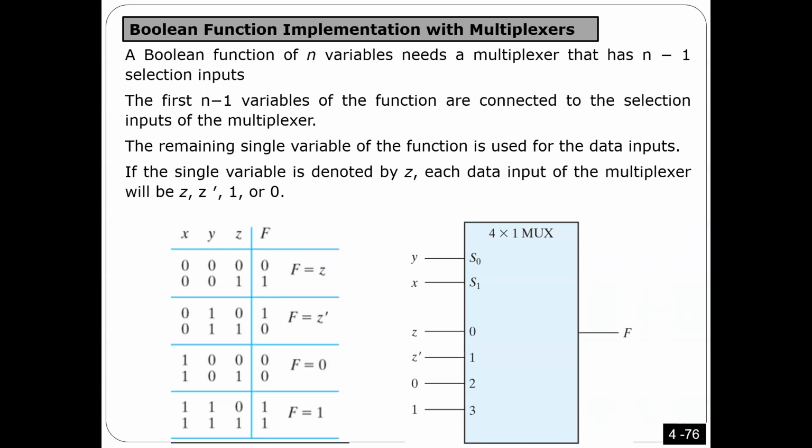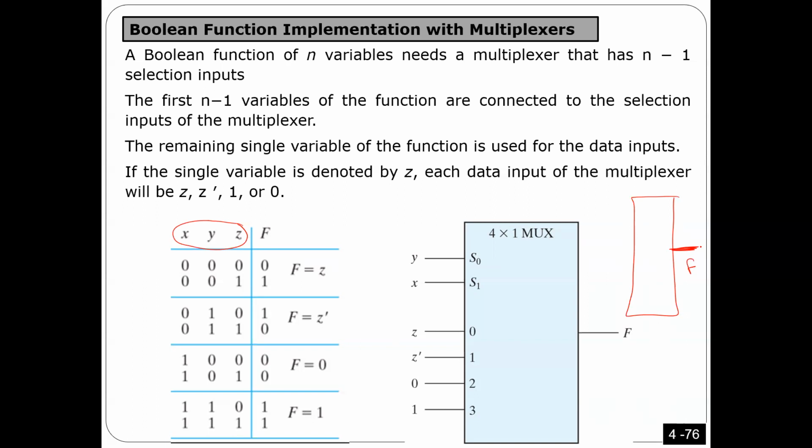This is the output of the function, and it has to be this. What is the naive way to implement it? The very simple way: I make the inputs of the function the selectors. So now I have selectors here.